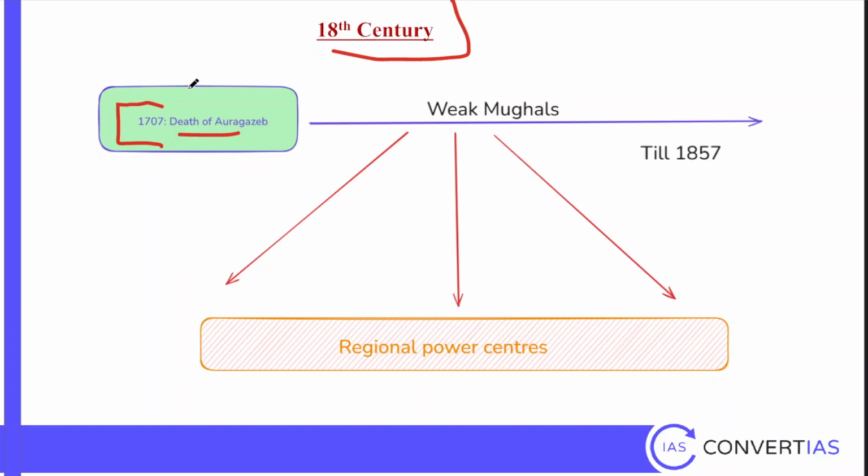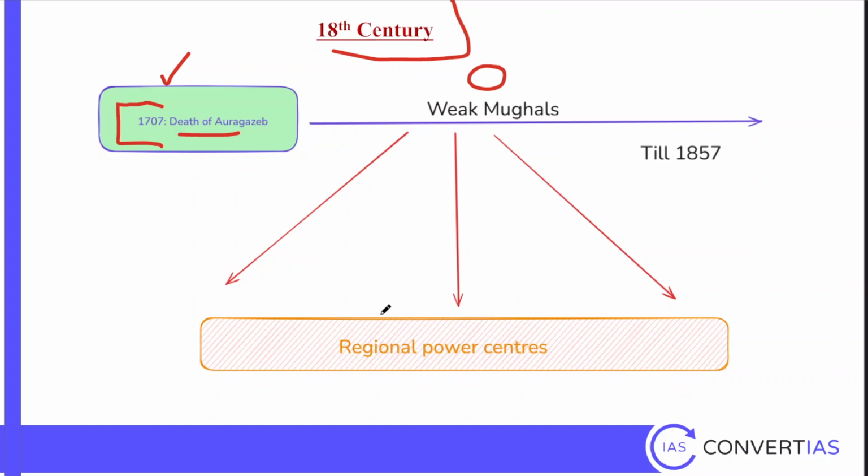The decline of Mughals started in this year itself or sometime before this. You can say the policies of Aurangzeb led to the decline, and you have a series of weak Mughals after Aurangzeb. During this time, because the centralized polity is getting weaker, you have other polities coming up.